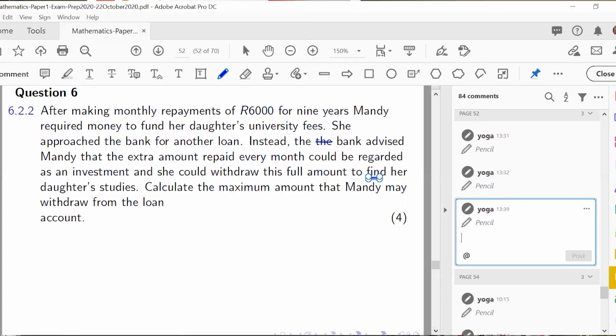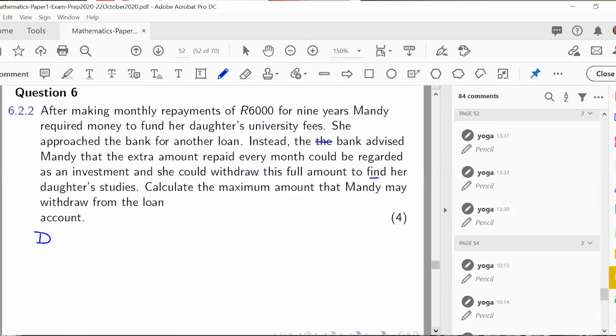Now the difference in this case is the amount 6,000 minus the required payment. And that gives 933 rand 64.